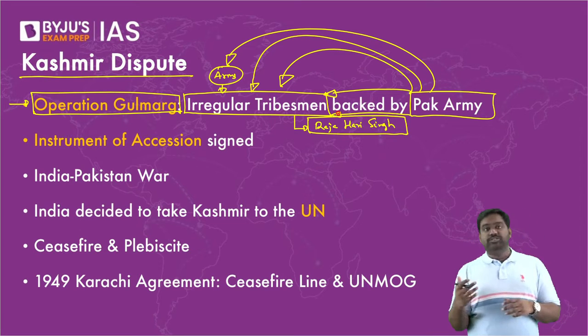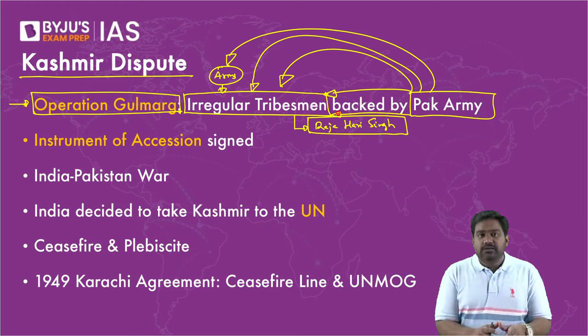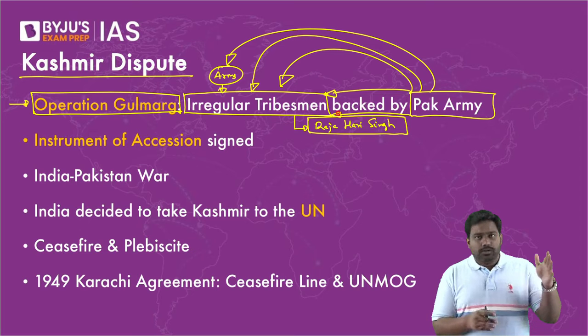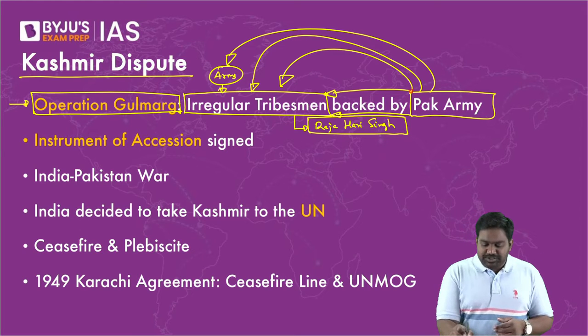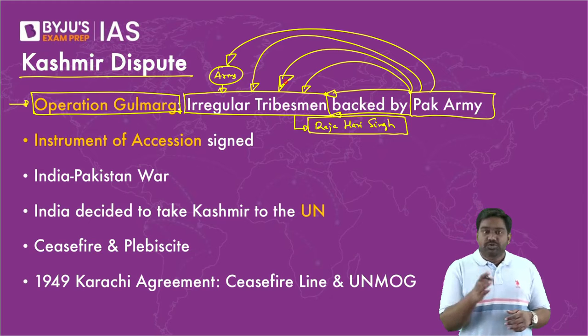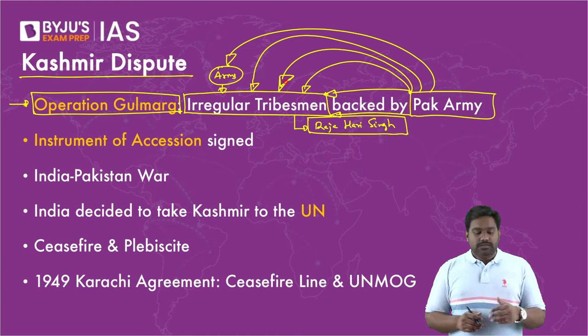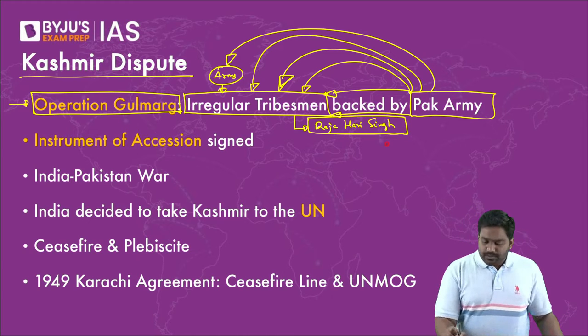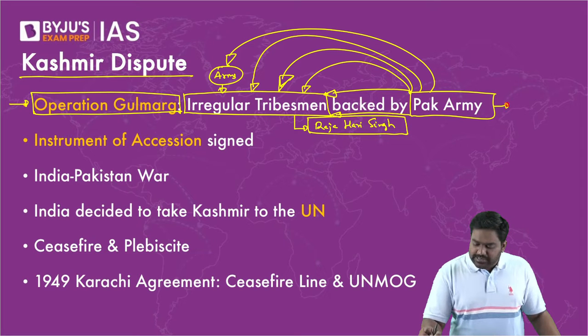Pakistani army soldiers would also be disguised as tribesmen. So they are called Pakistani irregulars. So it was a mixture of tribal militants armed by Pakistan along with Pakistani soldiers who had joined their ranks. This invasion led to the capture of several key territories in J&K.